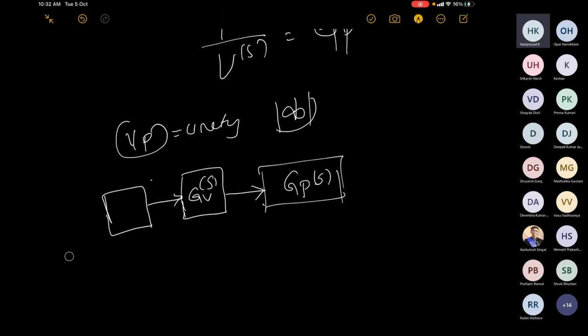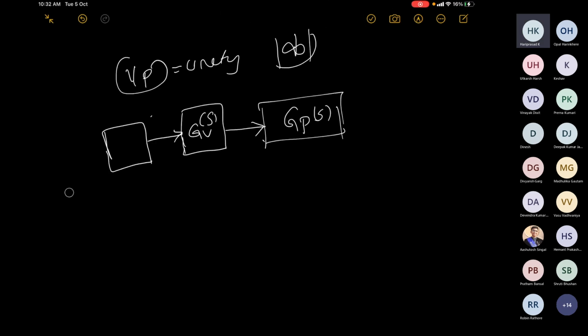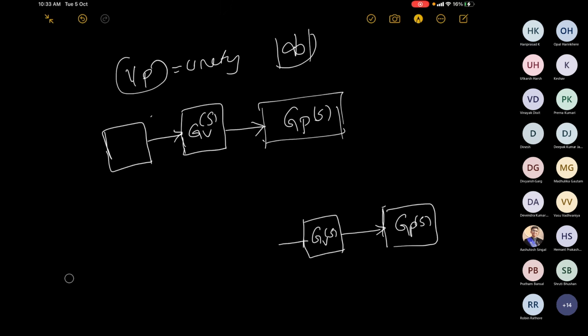If you want to do everything, let us draw it. I think that's always better. So I'll move GP over here. This is GP of s. Just before that you have GV of s. Just before that you have GI to P of s.